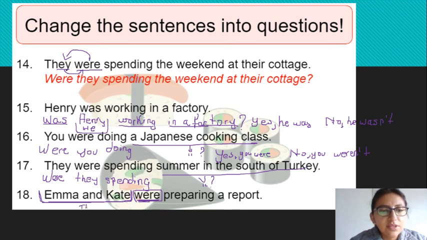Okay, so in this case, Emma and Kate, which personal pronouns are we using? Very good. We are using they. Okay, so the question, how would it be? Okay, very good. Were they or were Emma and Kate? In this case, I am going to use were they. What else? Preparing a report.